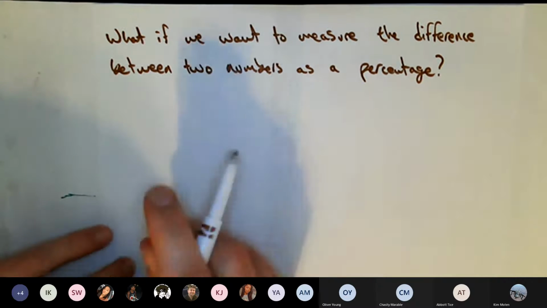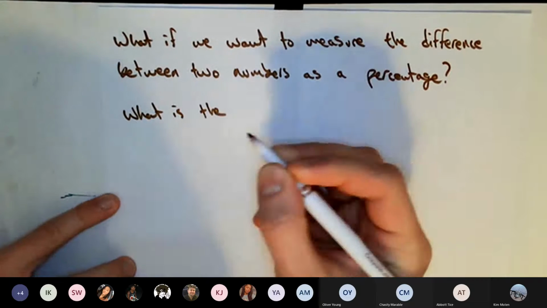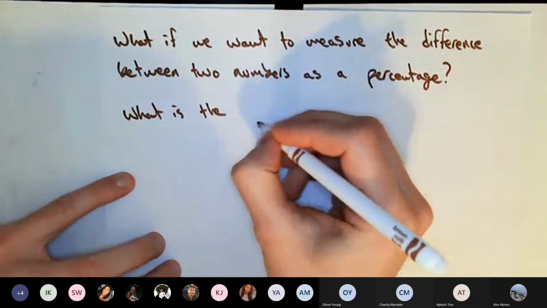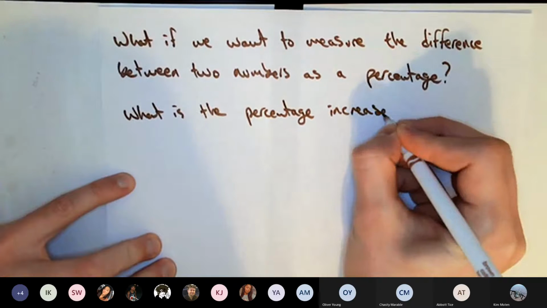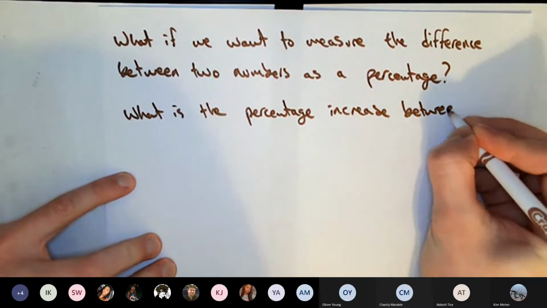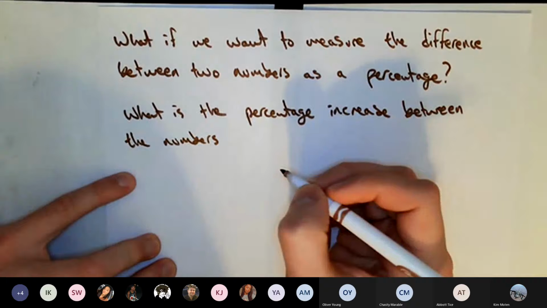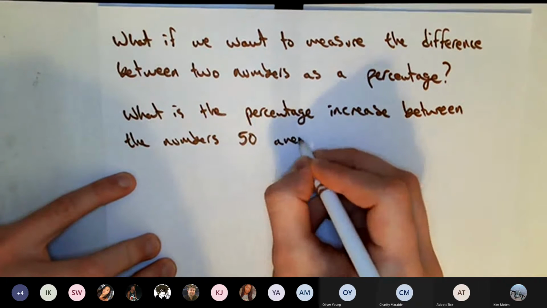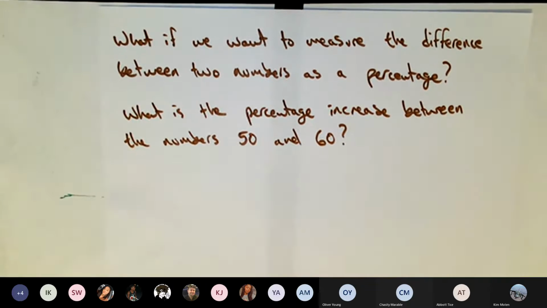So for example, just as a quick example, and we're going to work some more examples that I'll actually enumerate, but let's say, what is the percentage increase between the numbers 50 and 60? So we're trying to figure out what is the percentage increase between these two numbers.